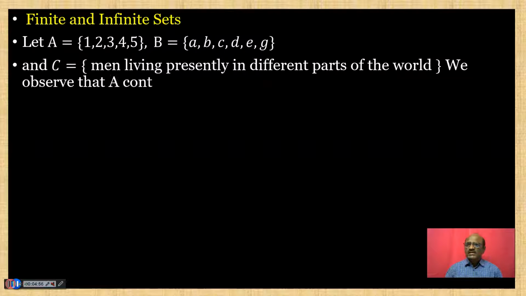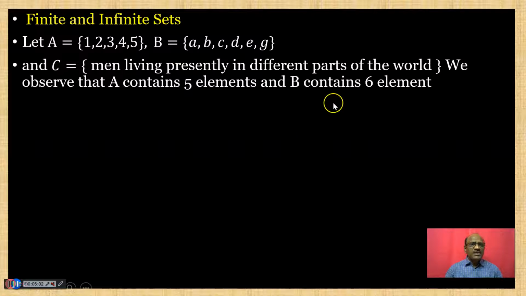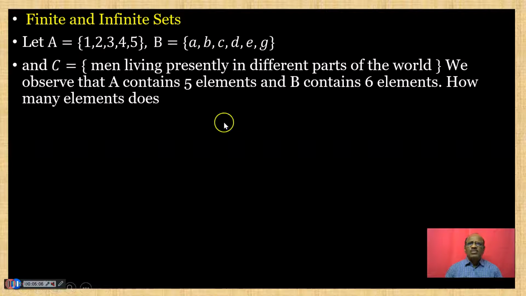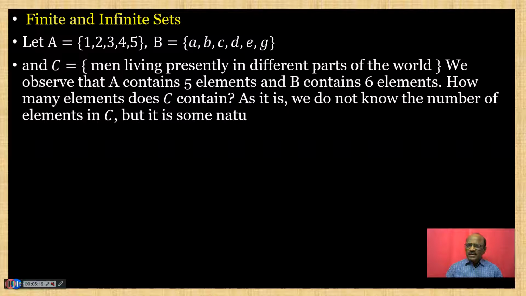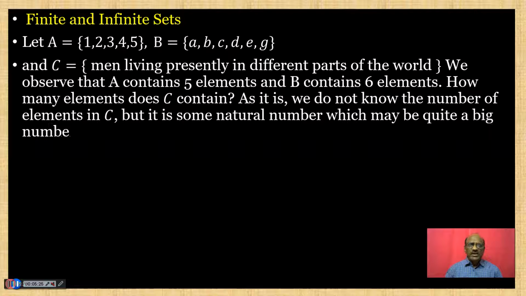We observe that A contains 5 elements, B contains 6 elements. How many elements does C contain? As it is, we do not know the number of elements in C, but it is some natural number. We can count it, which may be quite a big number.